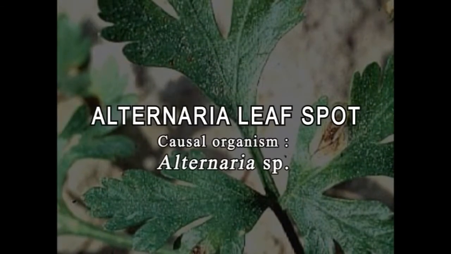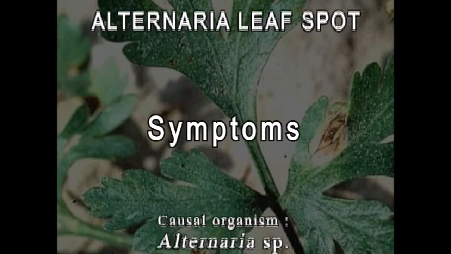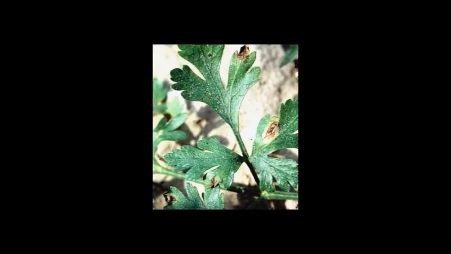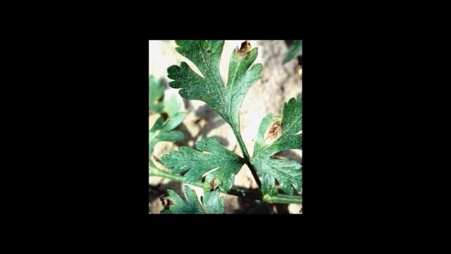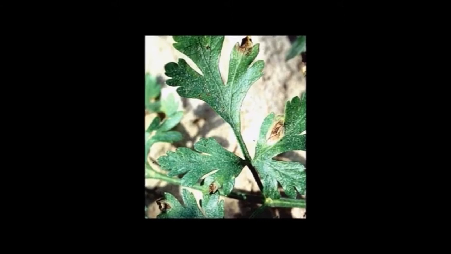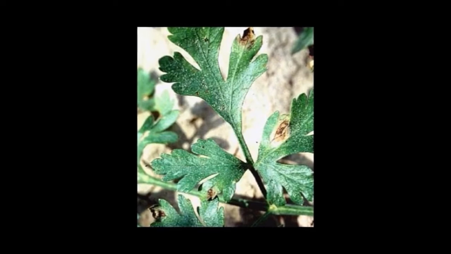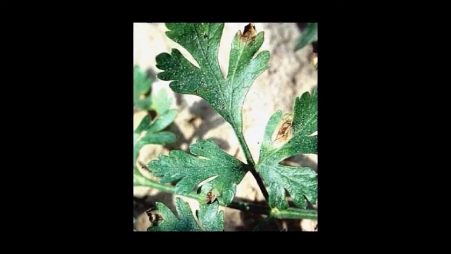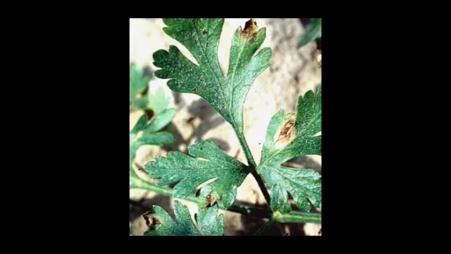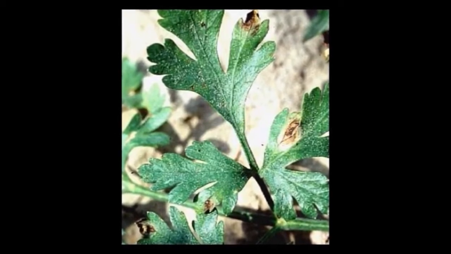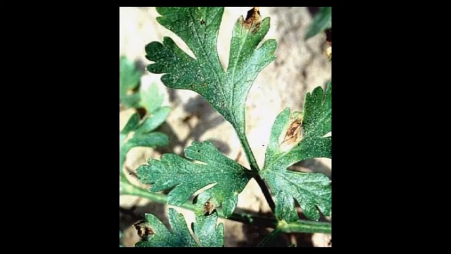Now let's see the next disease, Alternaria leaf spot. Causal organism is Alternaria species. Symptoms of the disease: symptoms first appear as yellow spots which turn brown to black. Spots often occur on lower leaves first and can coalesce into large necrotic areas and finally involve the entire leaf.